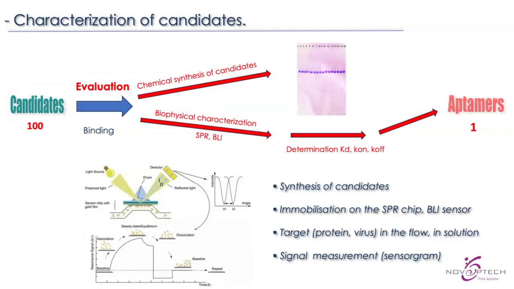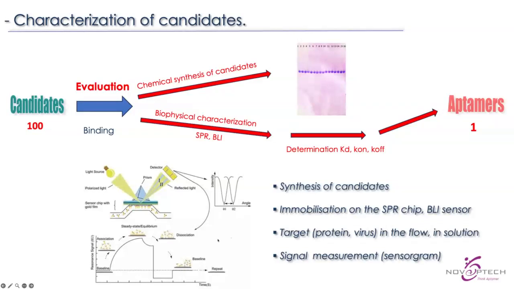We performed the chemical synthesis of these candidates and analyzed them to make sure that they are pure enough and have the expected size. Then we evaluate the binding properties of these candidates by two biophysical methods, surface plasmon resonance or biolayer interferometry. From this analysis, we are able to evaluate the binding constant and the rate constants for association and dissociation.